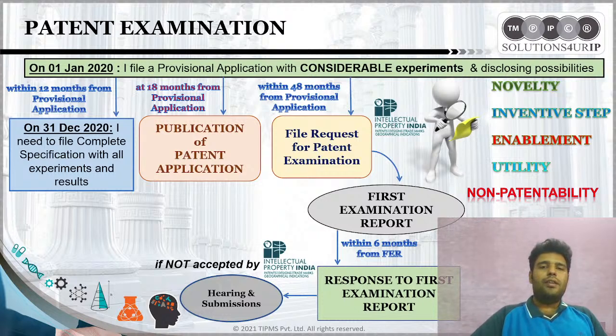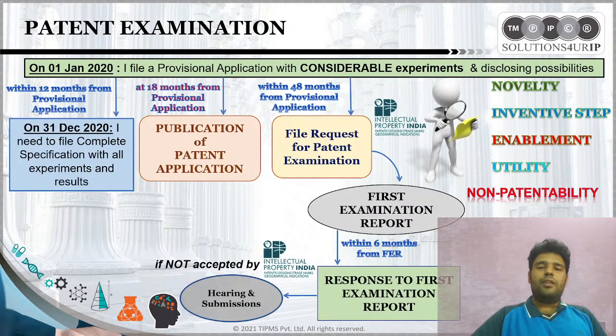Okay. Once you have attended the hearing, and after the hearing you have to again submit your written submissions of what arguments you made in the hearing process within 15 days of the hearing. Within 15 days of the hearing, you have to file your post-hearing submissions.